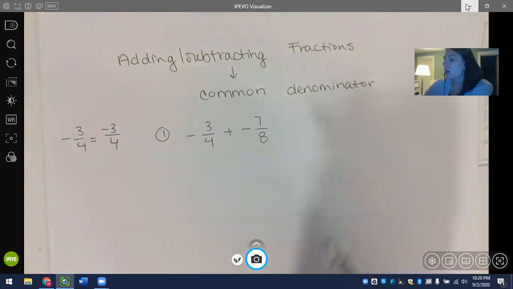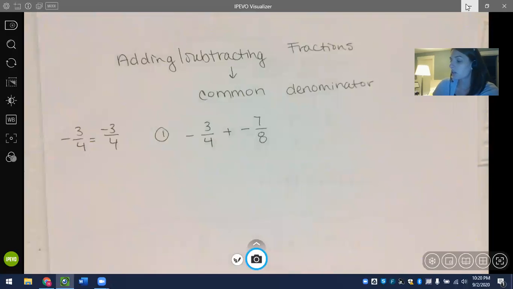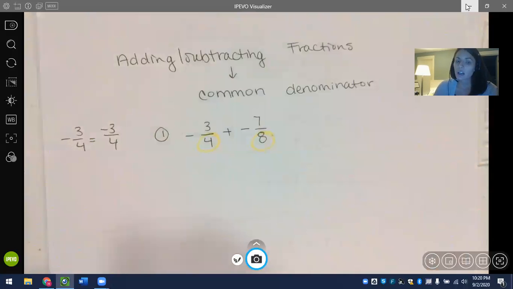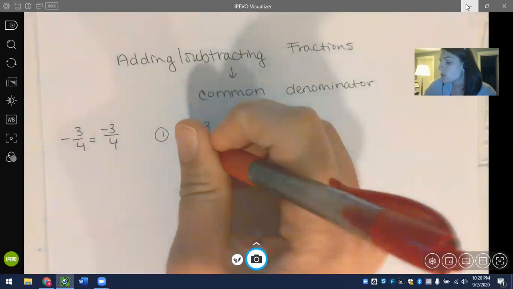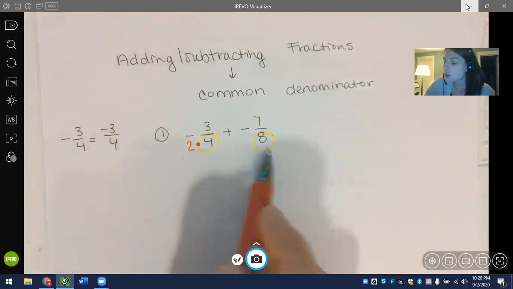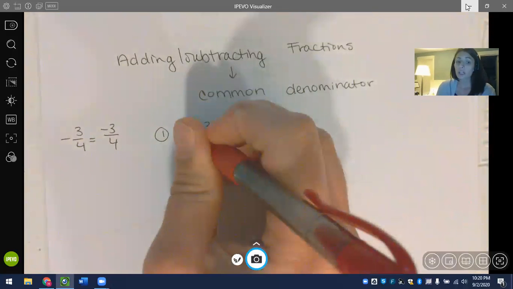So in order to add these together, we need our denominator to be common. Right now we have a 4 and an 8. To get a common denominator, I'm going to multiply 4 by 2, which gives me 8. If I multiply the denominator, then I need to multiply the numerator as well.